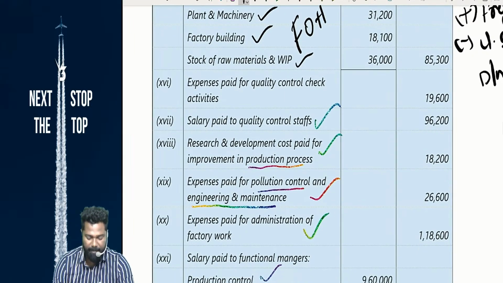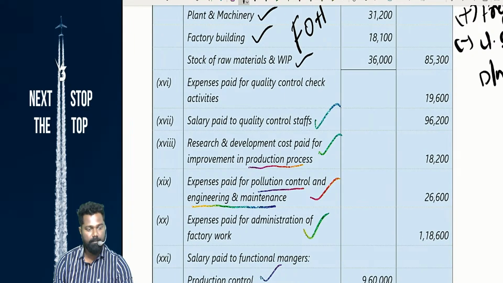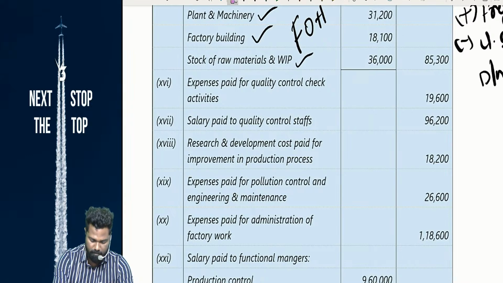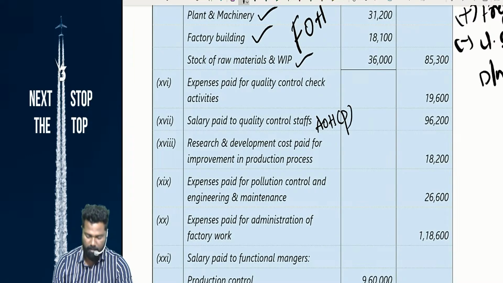Next, salary paid to quality control. Tell me, where does it come? It will come under AOH, relating to production. Next, expenses paid for quality control checks.